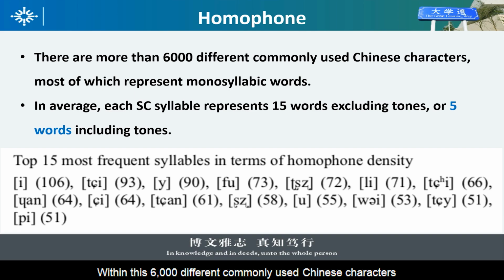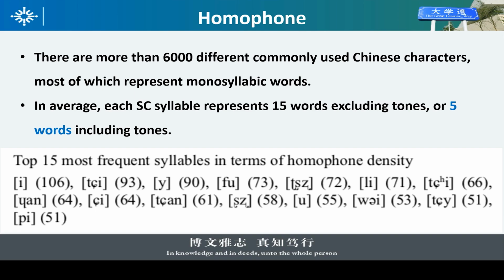Within the 6,000 different commonly used Chinese characters, here we show the top 15 most frequent syllables in terms of homophones. That means 106 syllables, or words, or characters, are pronounced the same as yi.